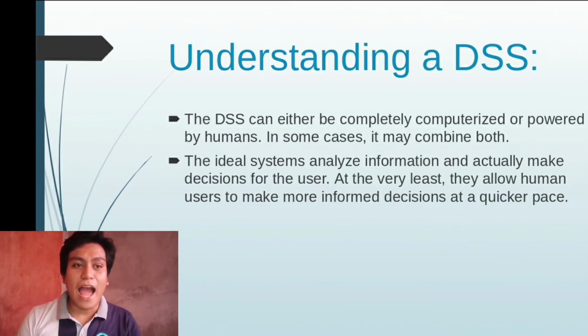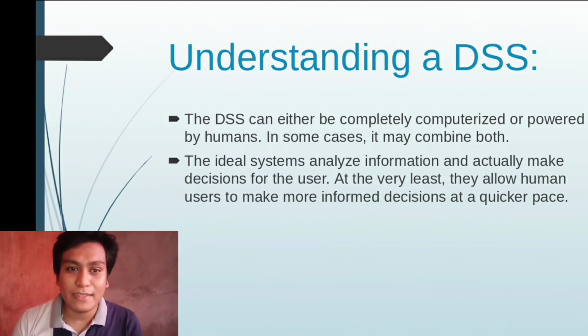The DSS can either be completely computerized or powered by humans. In some cases, it can combine both, computerized and used by the user. The ideal systems analyze information, they actually make decisions for the user. At the very least, they allow human users to make more informed decisions at a quicker pace.